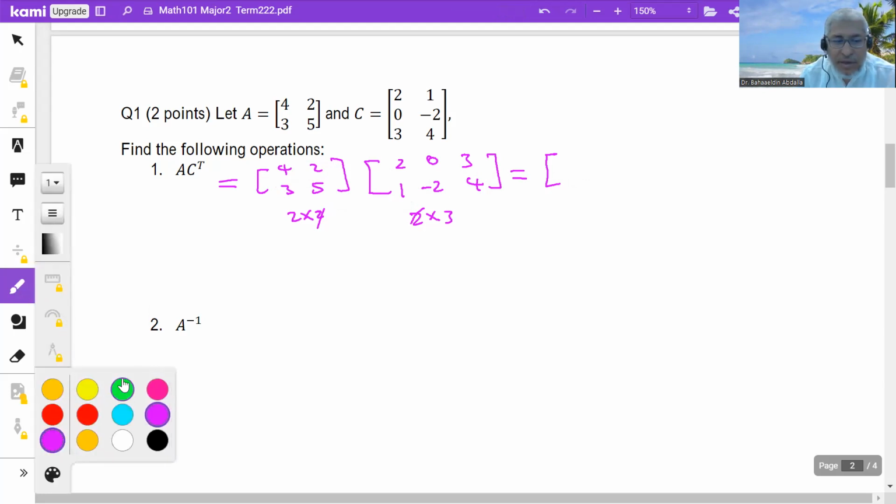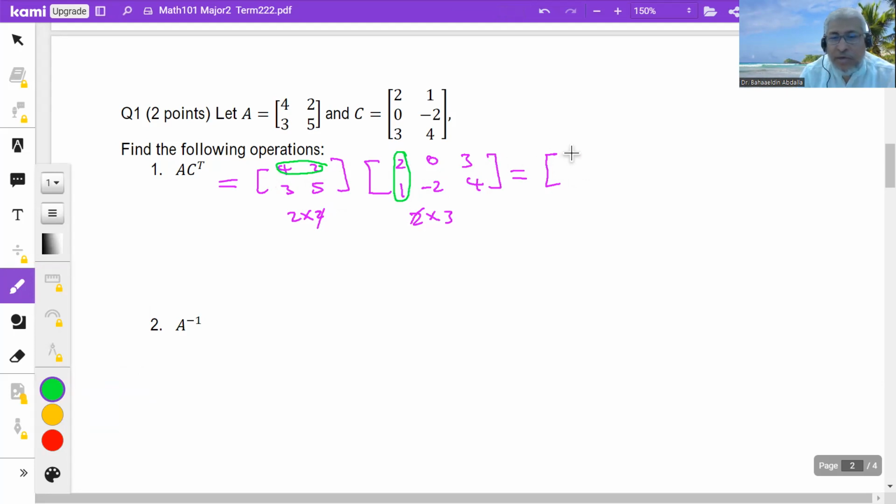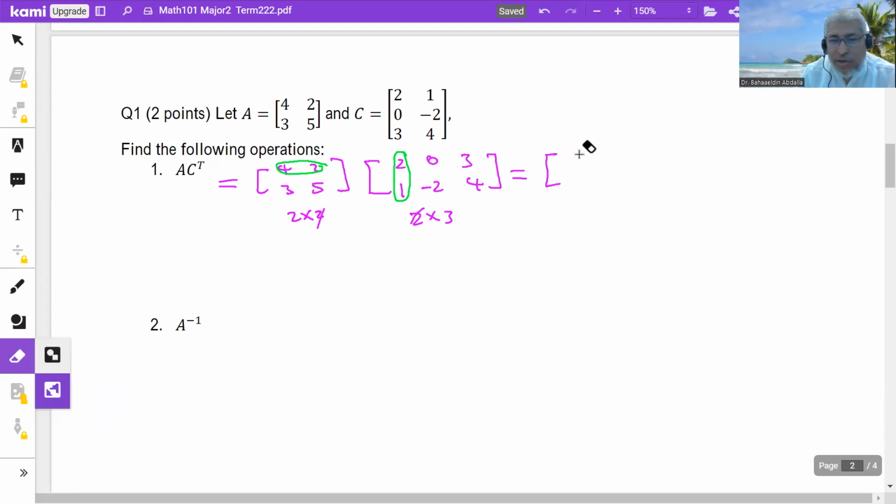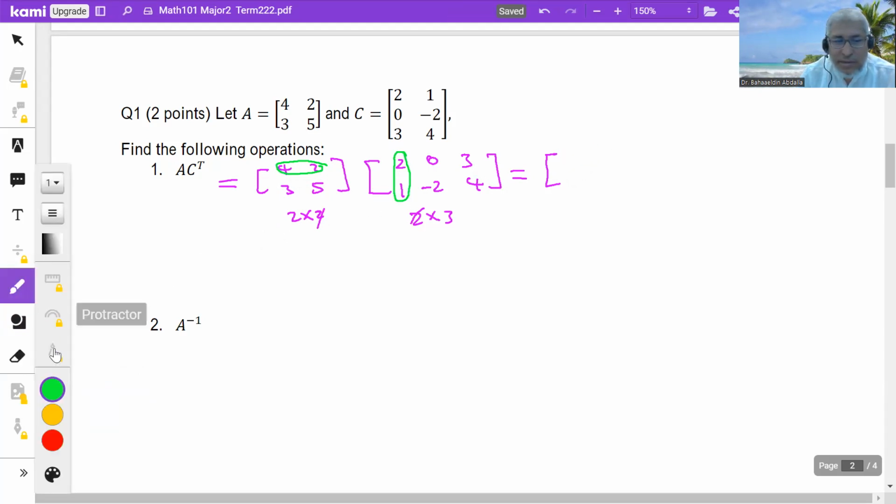C transpose, okay? So you multiply this row by this column, and you write the answer here. So how to multiply? 4 times 2, that's 8, plus 2 times 1. So 8 plus 2 is just 10. So you may just write 10, okay?